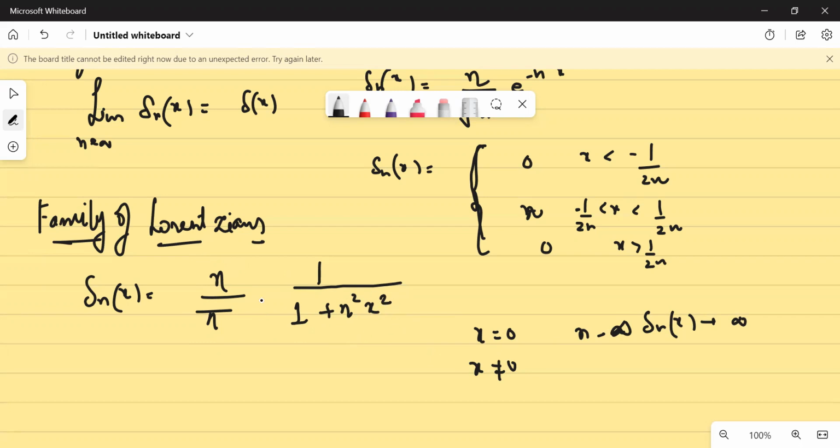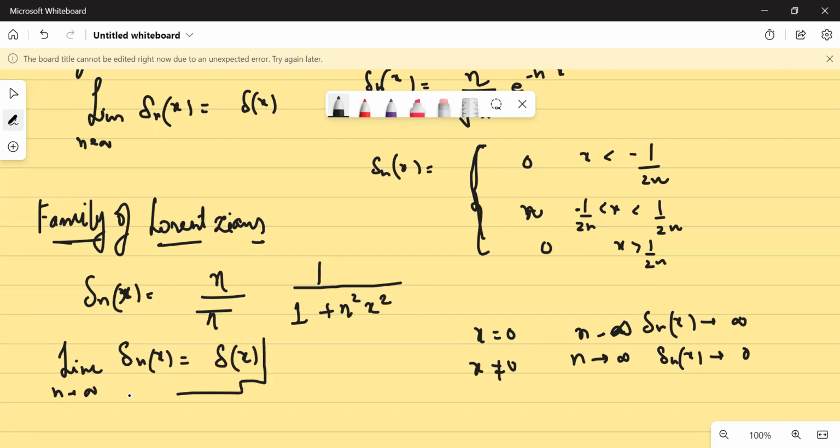As n tends to infinity, your n square will go very rapidly compared to n, so overall this term will go towards 0. So I can say that if I represent my Dirac delta function as a limit of a family of Lorentzians, it will be the right thing to say, because the limit as n tends to infinity of this sequence of functions would look like a Dirac delta function.